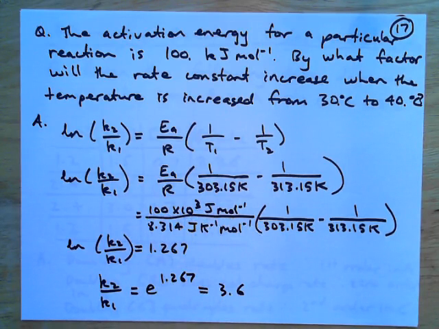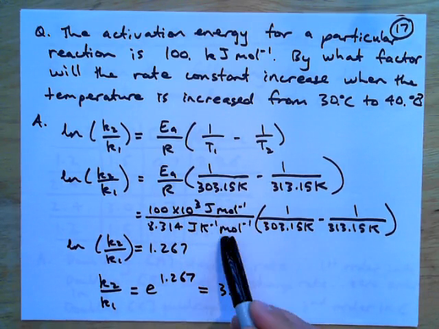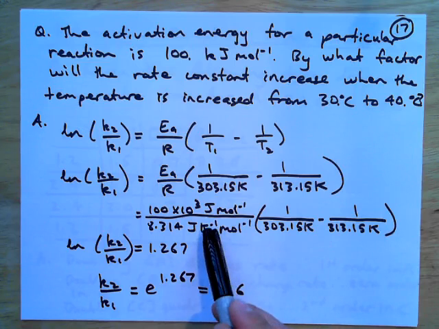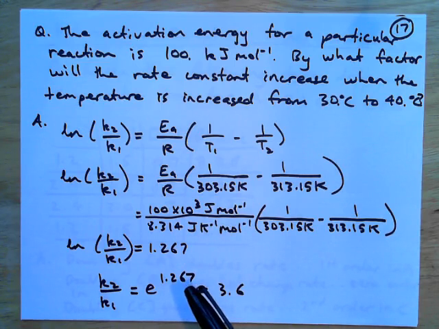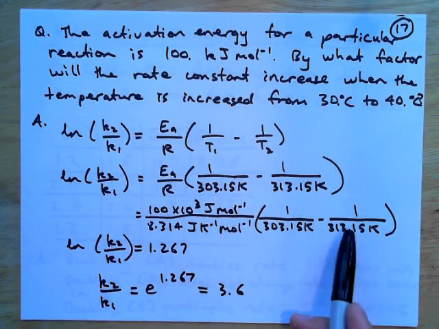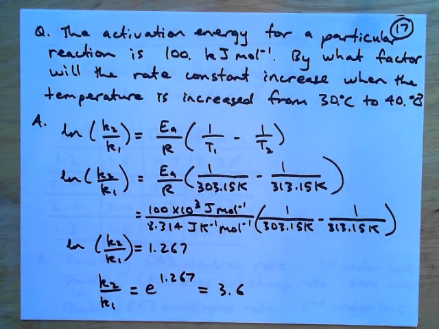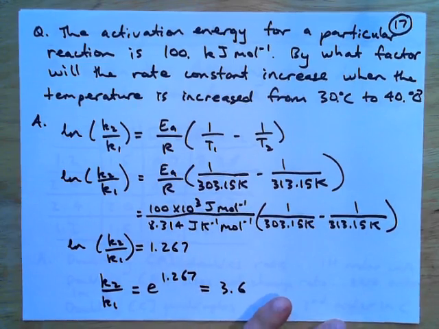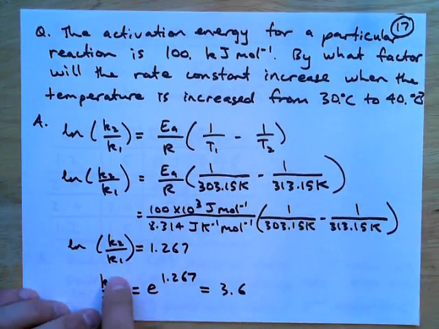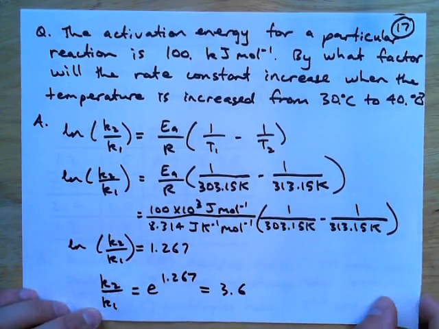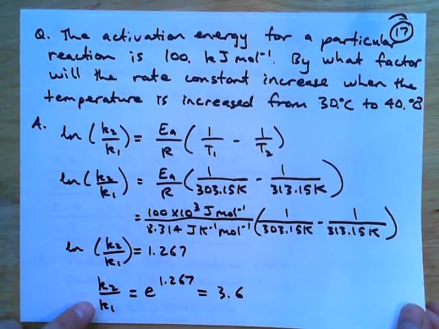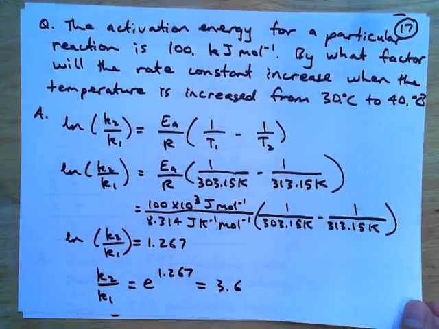That way I can cross off the units: the per mole and the mole cancels, and this becomes Kelvin up the top here, and that'll cancel off here. So units are a good way to make sure that the equation you're using is correct, and the values you're putting into that equation are appropriate unit-wise. So the comparison of k2 to k1 comes out to be 3.6.